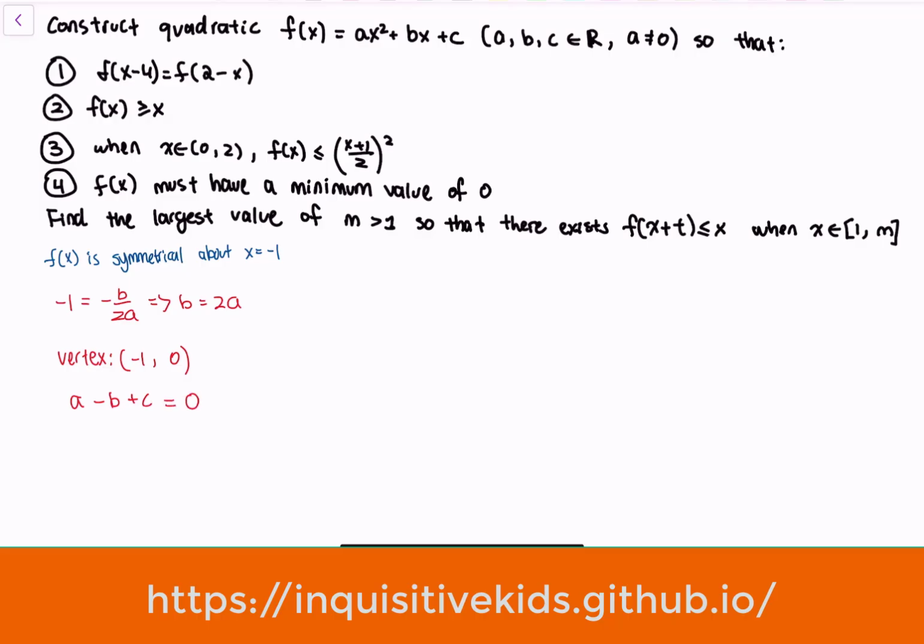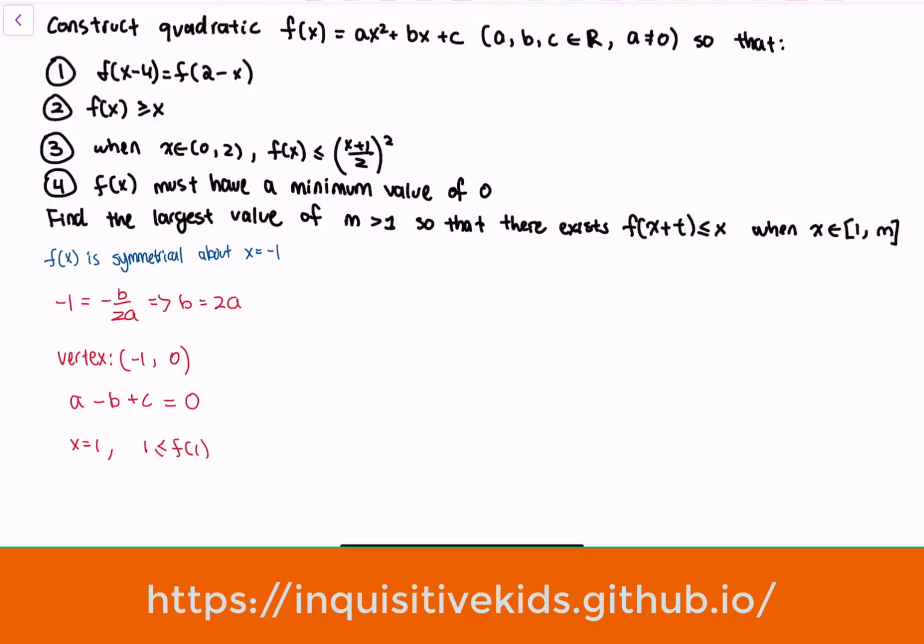And now let's look at our third condition. When x is on the interval from 0 to 2, non-inclusive, f of x is less than or equal to the square of (x plus 1) over 2. Now looking at condition 2, we see that if we have x equal to 1, then 1 must be less than or equal to f of 1.